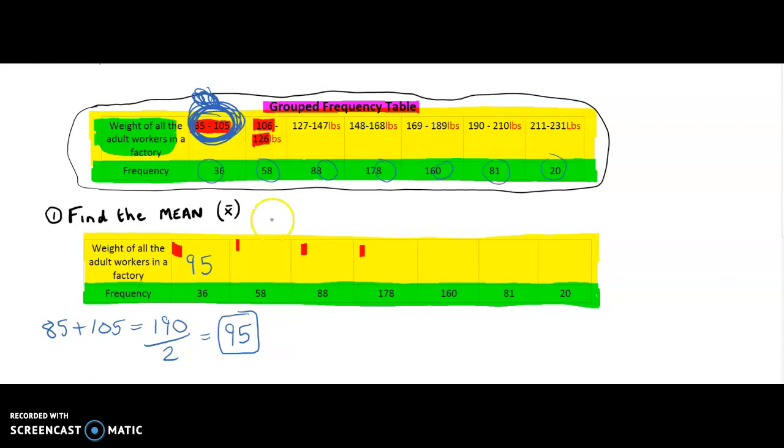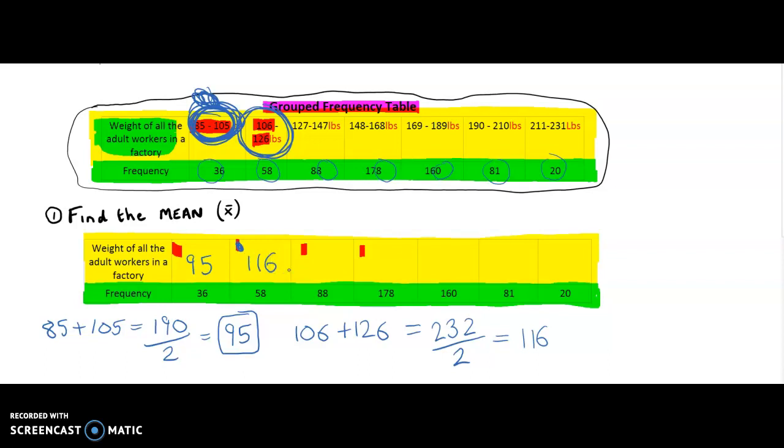If I do the same for this box here, which corresponds of course to here, I would be adding 106 to 126. That would give me 232. Halve that, and that would give me 116. So that's the number that goes in here.